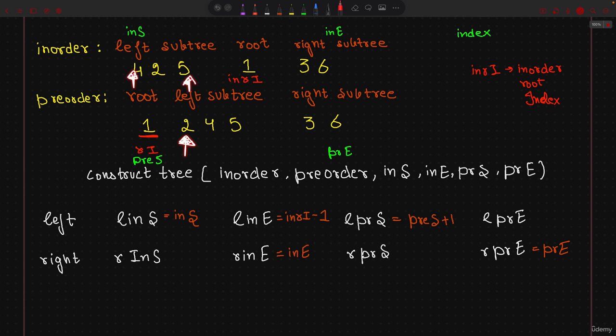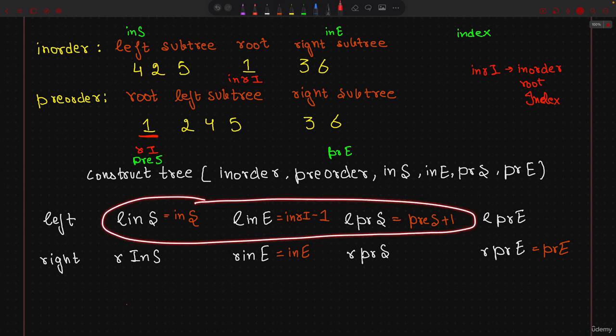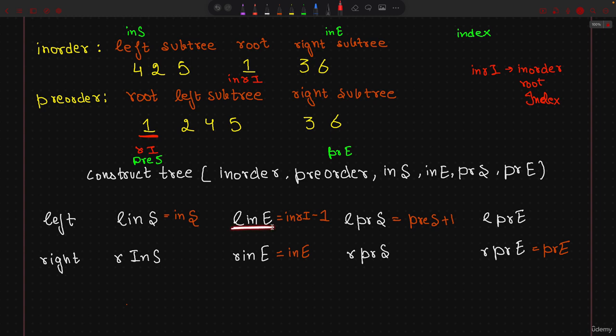So what effectively can we say? For left, we have these four values. Left in-order end minus left in-order start is going to be left pre-order end minus left pre-order start. So we can find this value as well. We have to find this via subtraction because the length is the same.